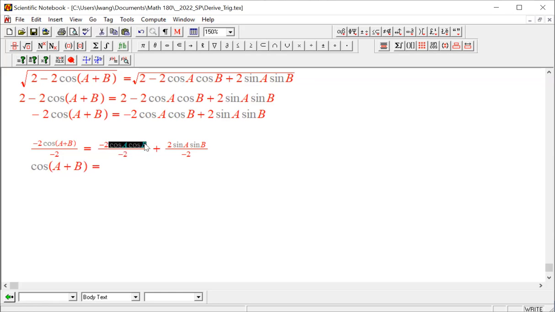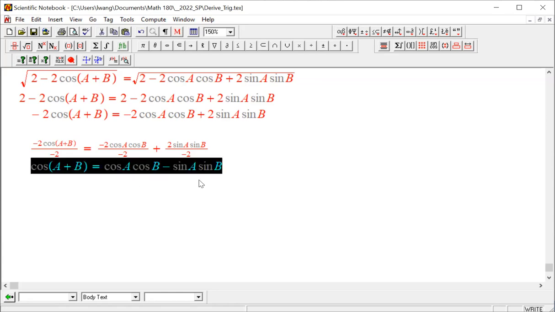So cosine A, cosine B is left. 2 divided by negative 2 is negative 1. So this plus becomes minus sine A times sine of B. So this is the ultimate identity we want to prove in this section.